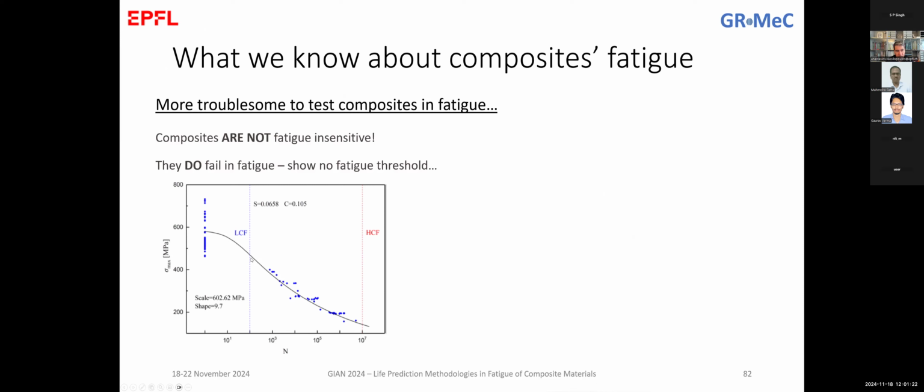It's a Basquin curve, actually. The rest is a curve coming from another model that we'll discuss in a couple of days. We know that there is no fatigue threshold for composites. We don't see this kind of threshold, but the curve is asymptotic to the axis of the number of cycles.